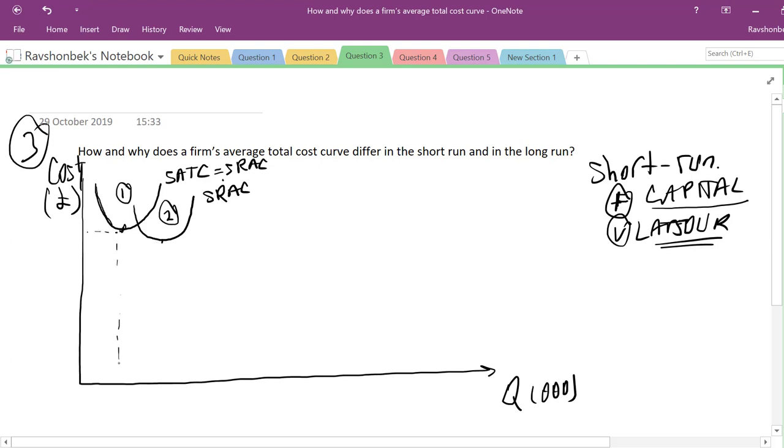So this is the scale of production, 10,000 units. With two factories, they can produce double the output, and per unit cost will also go down. Now at some point this long run problem becomes a short run problem, and with two factories they again run into diminishing marginal products, and as a result average costs increase again.